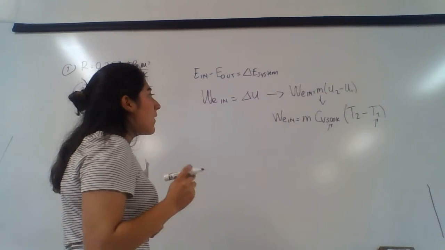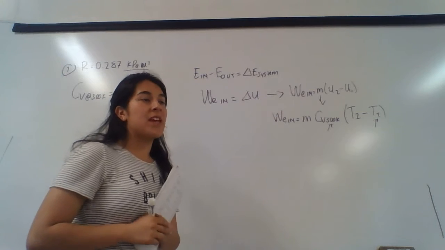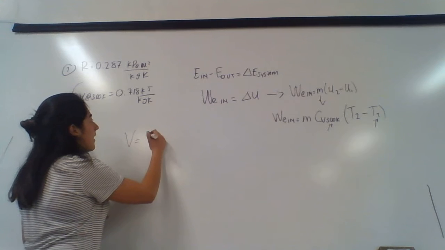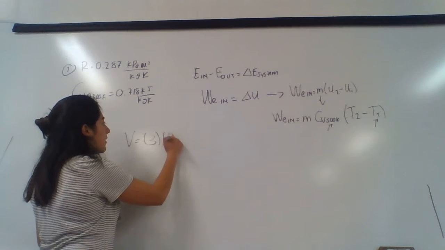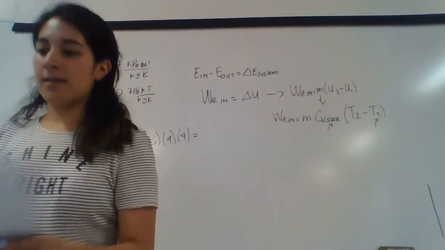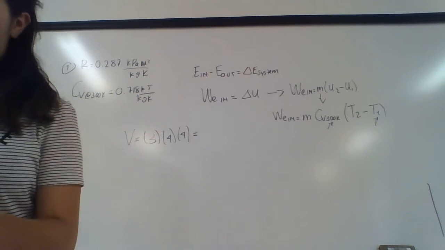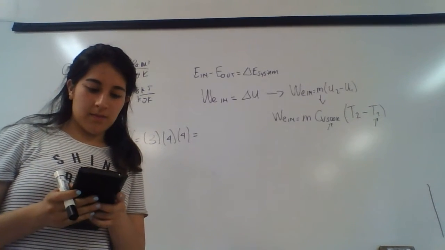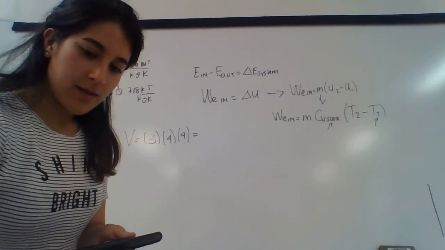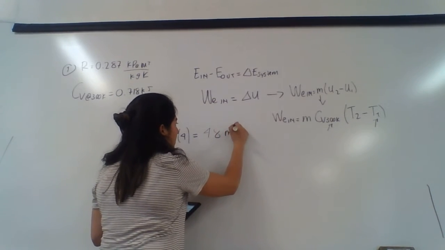So for the mass, we can calculate the volume of the dormitory because they gave us the size. The volume equals 3 times 4 times 4, and this equals 48 cubic meters.